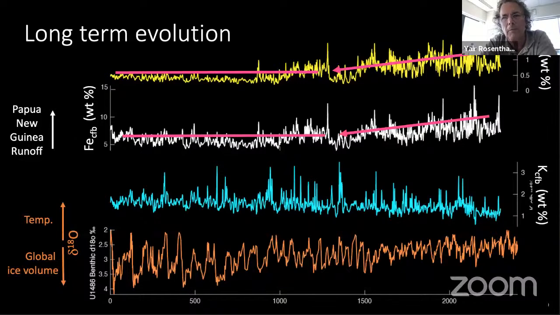So, Sam, you're right that you see much more of a precipitation signal there. It still doesn't explain the discrepancy between titanium and iron and potassium, which is interesting and may have to do with the drainage system. Yeah.